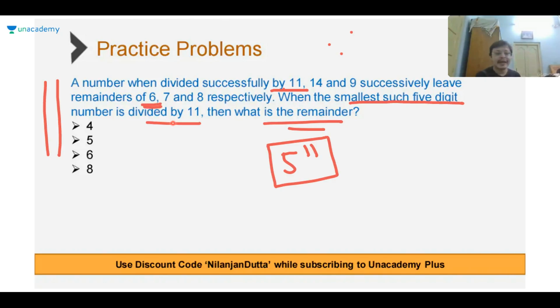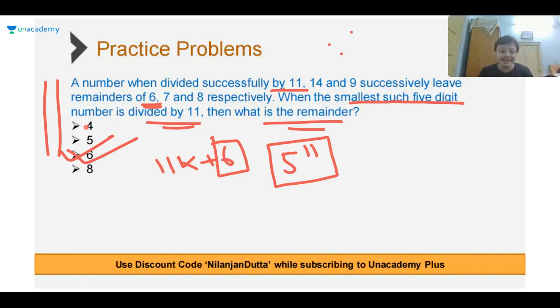The question explicitly says when the number is divided by 11, the remainder is 6, which means the pattern is 11k plus 6, so when you divide by 11, the number will give a remainder of 6. So the answer is option C. You need not have solved anything in this question. You just straightforward mark the answer as option C, that is 6.